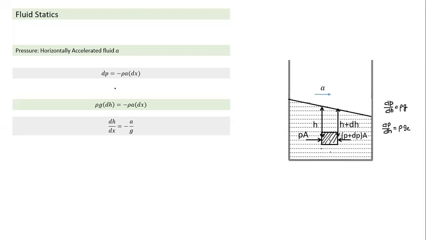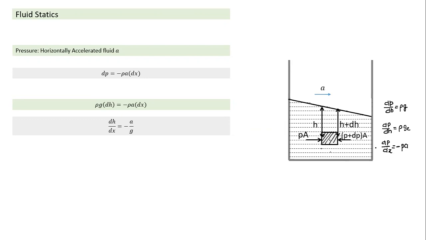But if there's an acceleration in the x direction, how does the pressure vary in the horizontal direction? It varies as minus rho into a. So the rho term is similar, the acceleration term is similar, but in place of g here it is a, with a negative sign. The pressure increases in the direction opposite to acceleration.